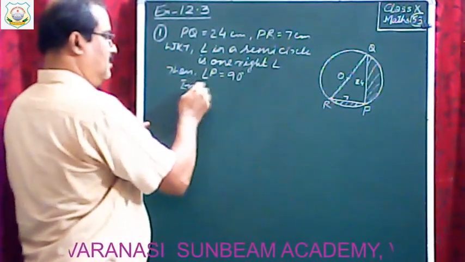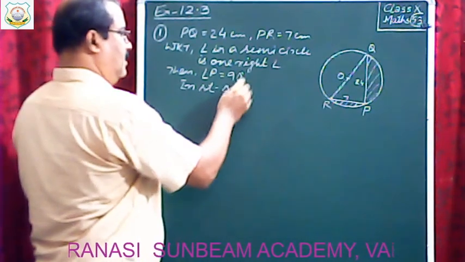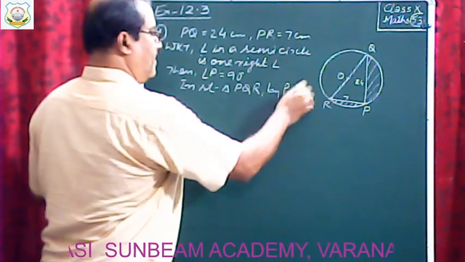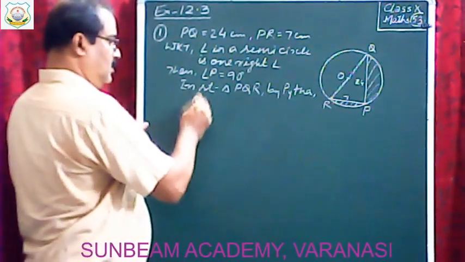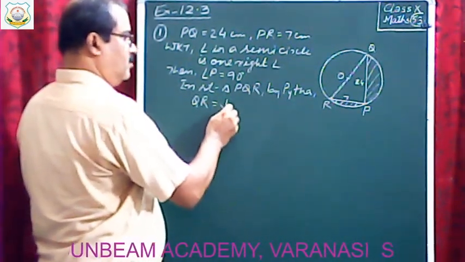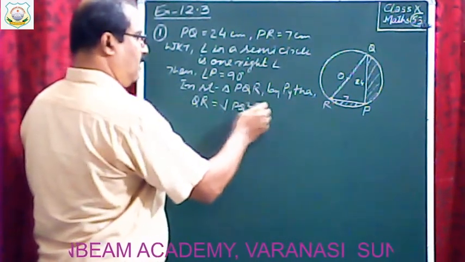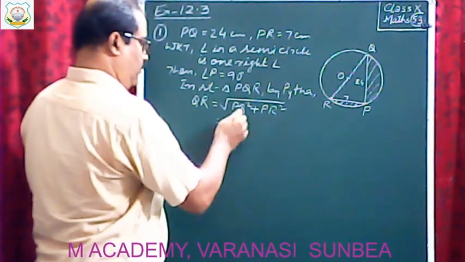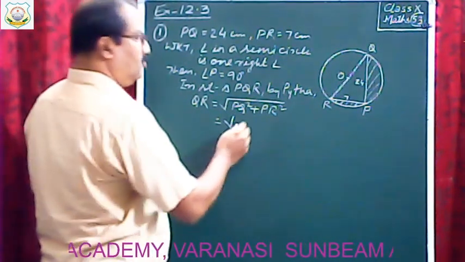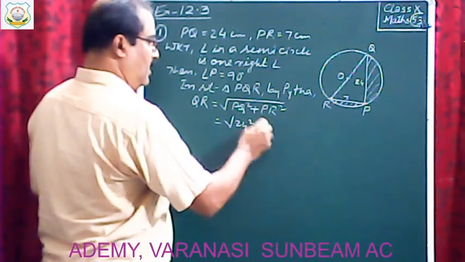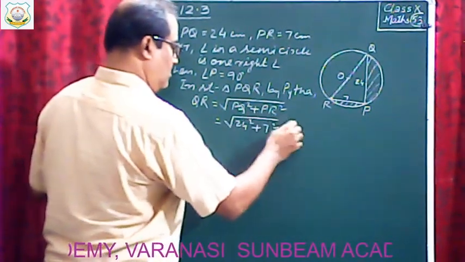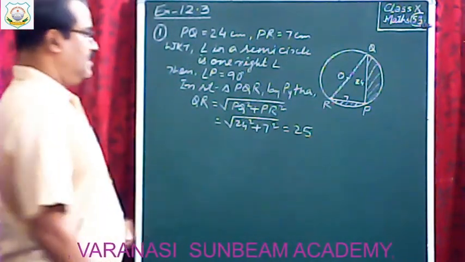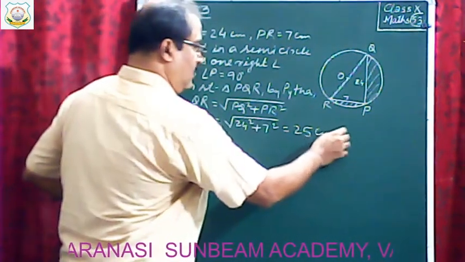So in right triangle PQR, by Pythagoras, QR equal to square root of PQ square plus PR square. PQ is 24, plus 7 square, we get 25. So the diameter of the circle we get finally is 25 centimeter.